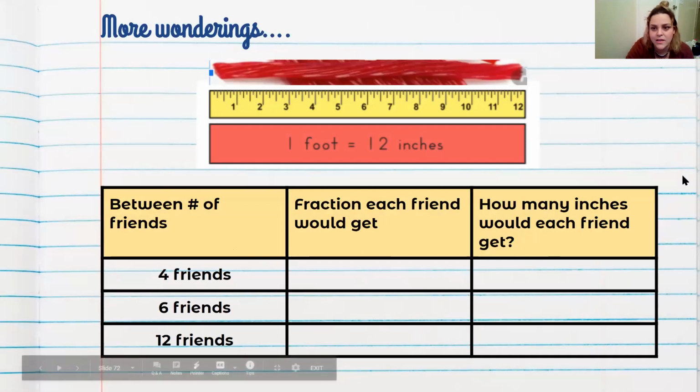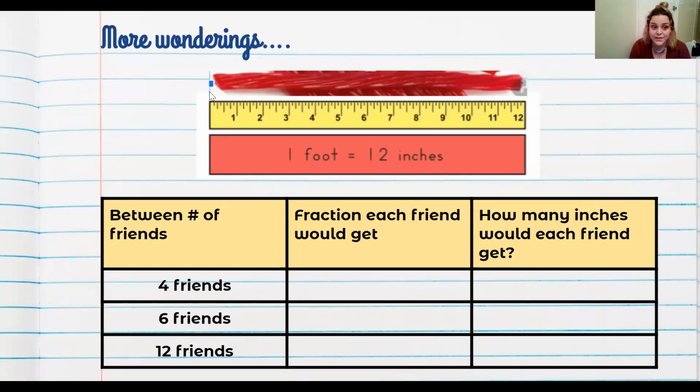All right, we're back, guys. And so here we go. Let me see if I can move this a little bit because it's in my way. Okay. So now instead of 3 friends, I'm sharing with 4 friends. I see that I have 12 inches, right? So now I have to share with 4 friends, 12 divided by 4. If I have to share with 4 friends, that means you would each get 3 inches of the licorice stick.